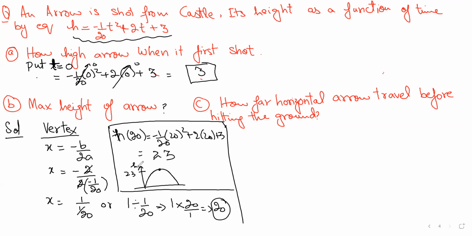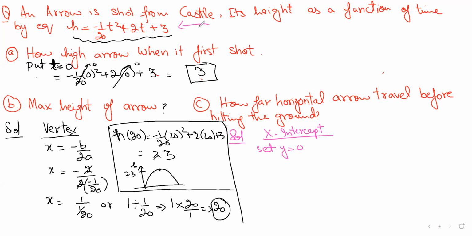Now let's talk about the last part, part C. It says how far horizontally the arrow travels before hitting the ground. So we have to find the x-intercept, and for finding the x-intercept, we have to put y equals 0, because the arrow has to hit the ground. So set y equals 0.